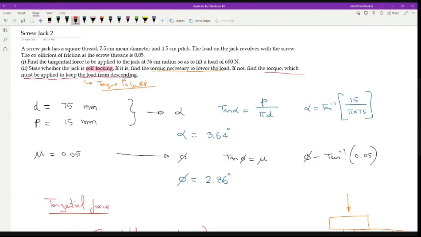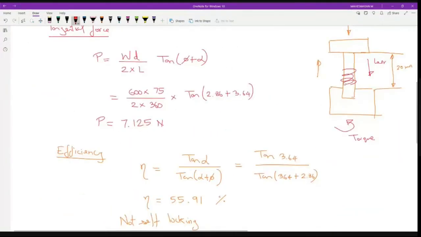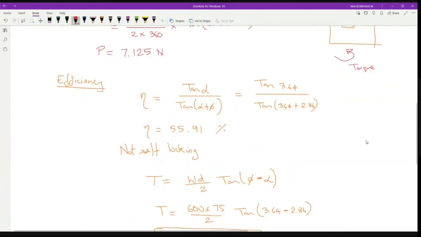The load should not come down. It should stay in the same position if it is not self-locking. So you identify the torque required to come down, and the opposite of that torque is what we apply, so that it rests in the same position. Can you get it?